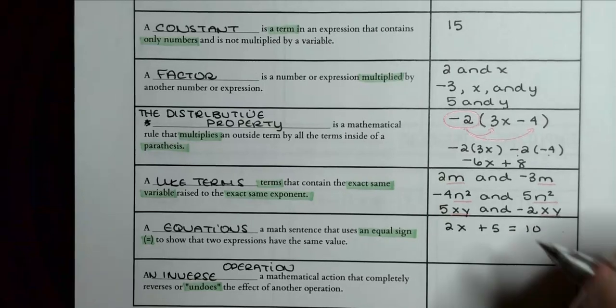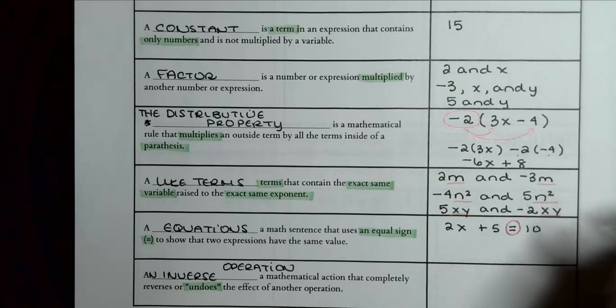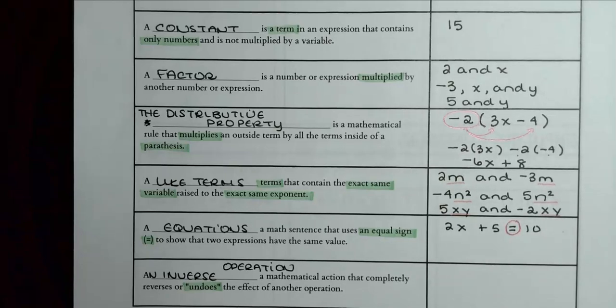I'm going to circle right here the equal sign. That tells us that we're not just cleaning it up because it is an expression and we're just trying to simplify it. We actually have to solve it until we get x is equal to one specific number. So equations have equal signs and we have to solve for whatever our variable is.